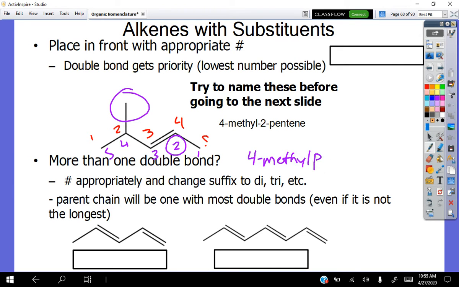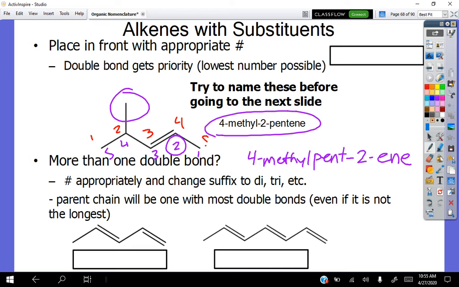Now there is another way you can do this, another system that is also correct. 4-methyl, the prefix for the number of carbons, pent, and then you put the number in between, 2-ene. You see that is common fairly often as well. Both of them mean the same thing. I tend to prefer the first method when we're dealing with simple alkenes because it's just easier to read and pronounce, flows off the tongue a little better.